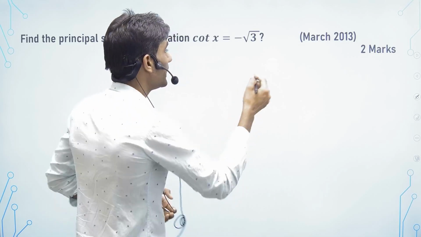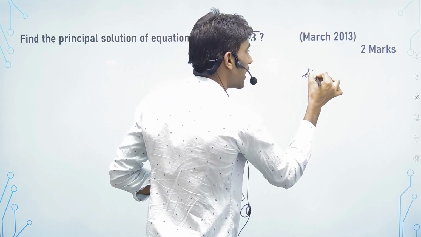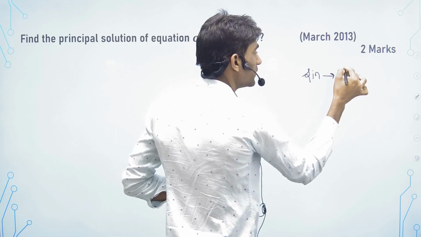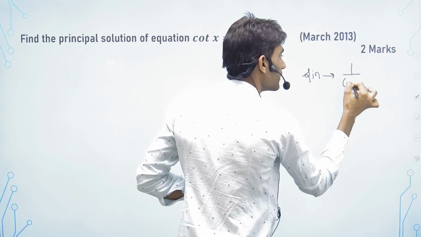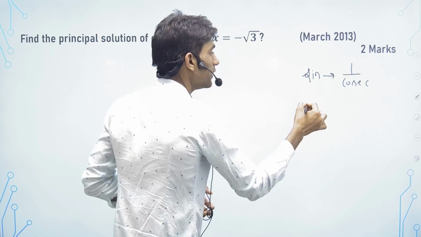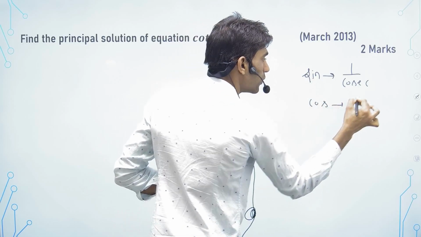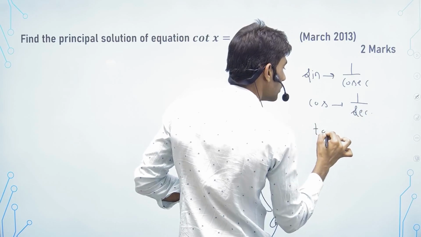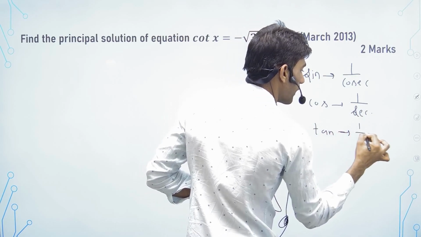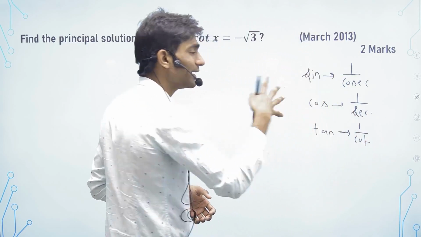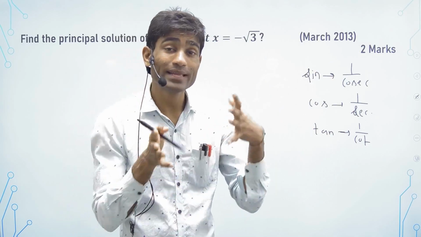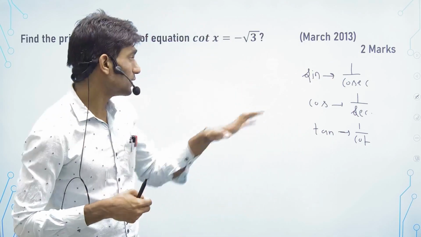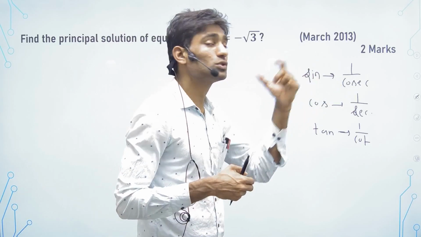Because we know that sine has the inverse ratio 1 upon cosec. Similarly for cos, 1 upon sec, and for tan, 1 upon cot. So all our three trigonometric ratios have their inverse ratios. Here sine goes to 1 upon cosec.